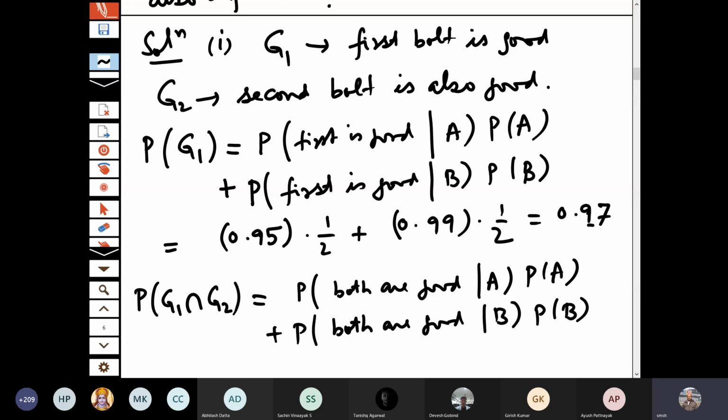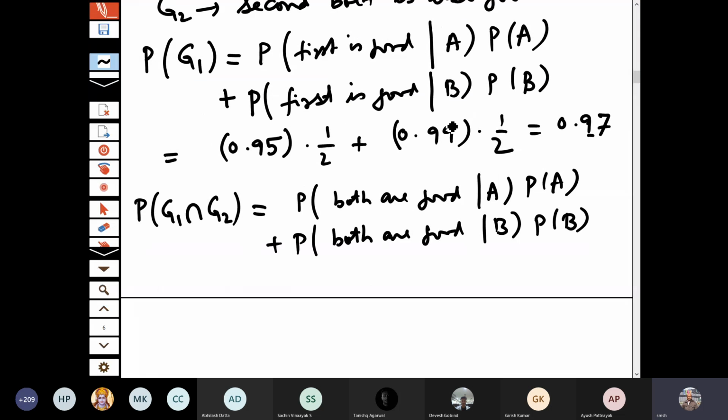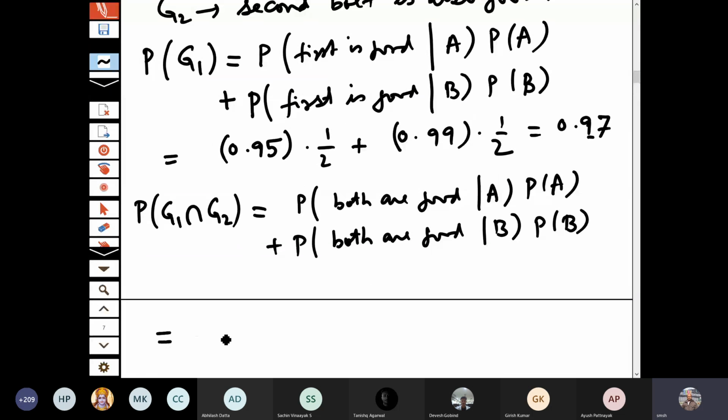We cannot have one coming from A and another coming from B. That possibility is not there. So this is then equal to 0.95 squared into half plus 0.99 squared into half. So this of course you can easily evaluate.